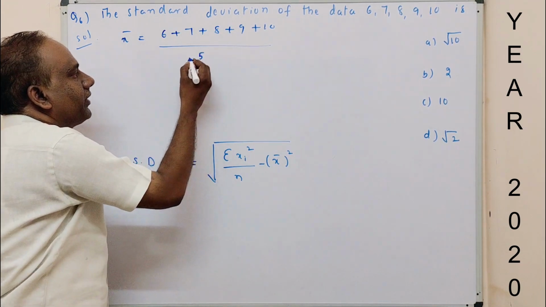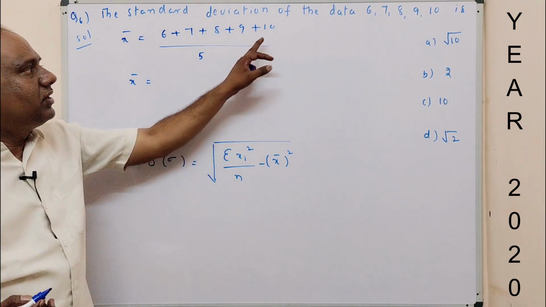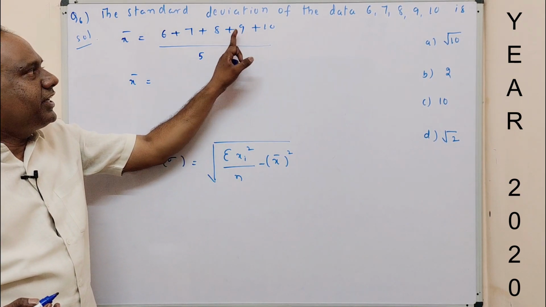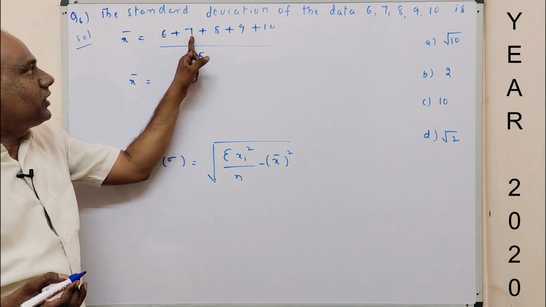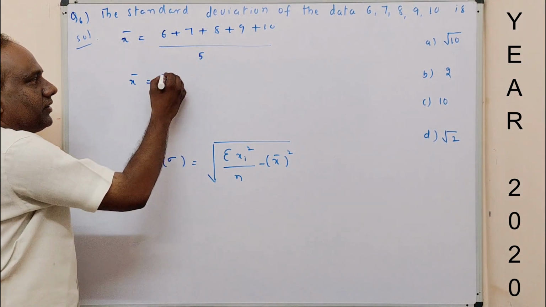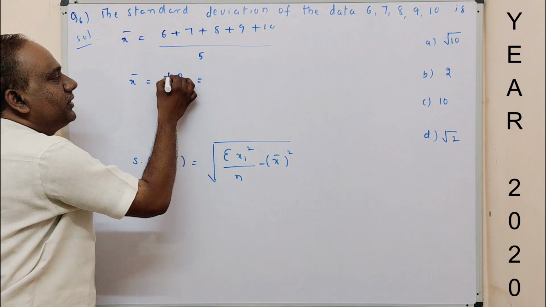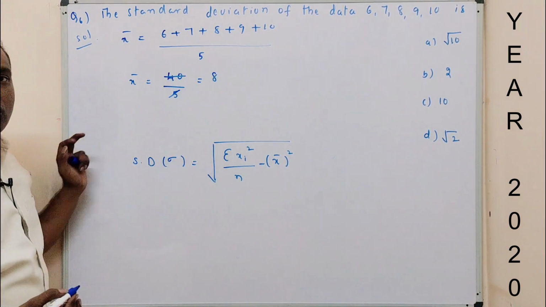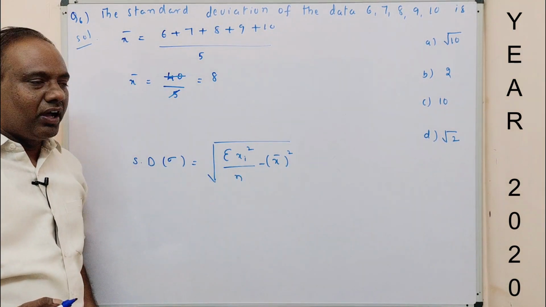It means 5. So x bar is equal to, so total value is 10 plus 9 is 19, 19 plus 8 is 27, 27 plus 7 is 34, 34 plus 6 is 40. 40 by 5. That means 5 8s are 40. So mean is equal to 8.